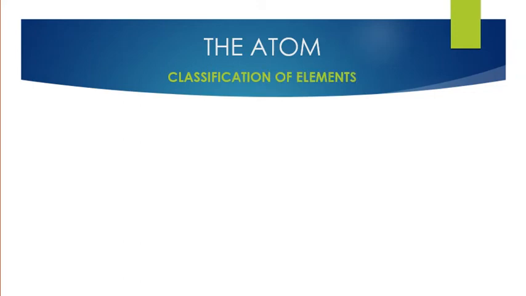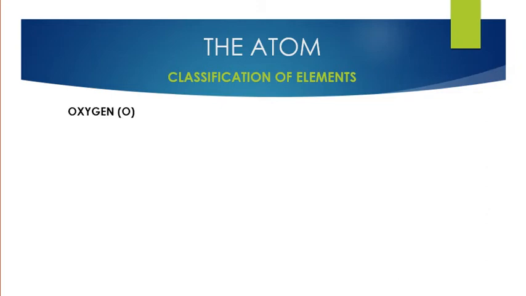Now, let's look at nonmetals. We've looked at how metals lose their electrons and now they form ions, right? Now, even nonmetals form ions. The only difference is that they form negative ions.